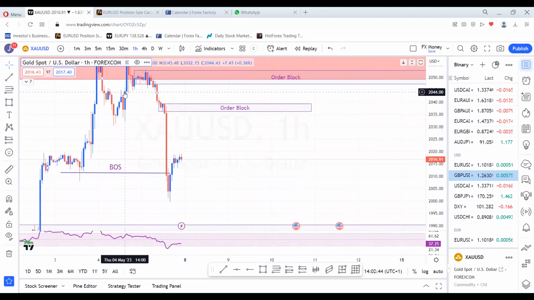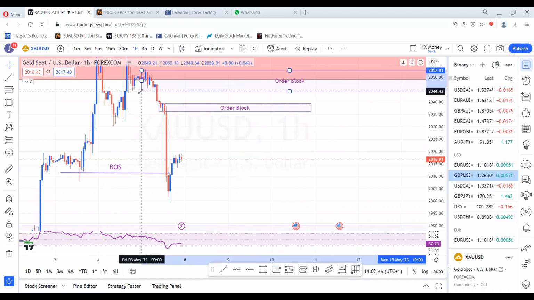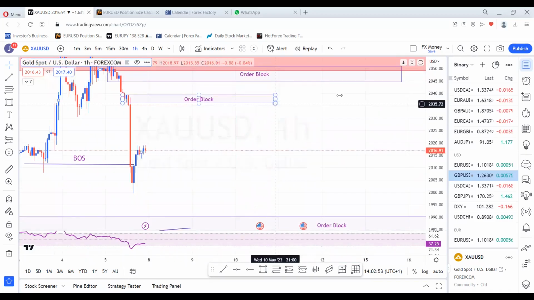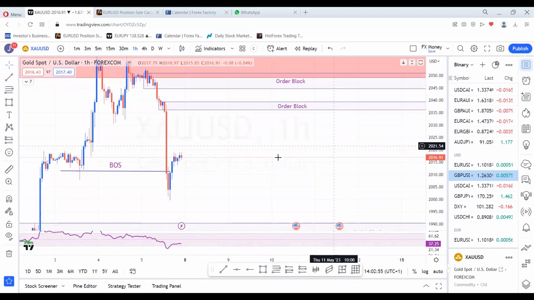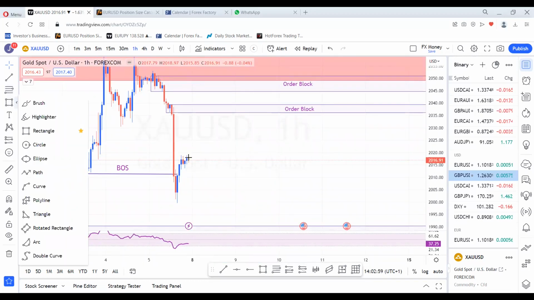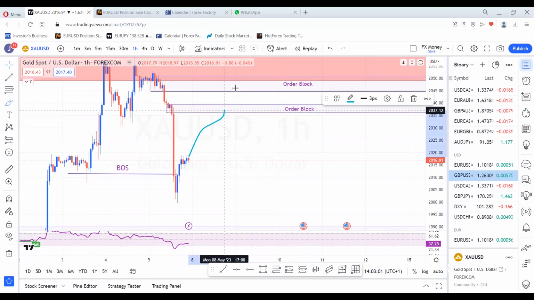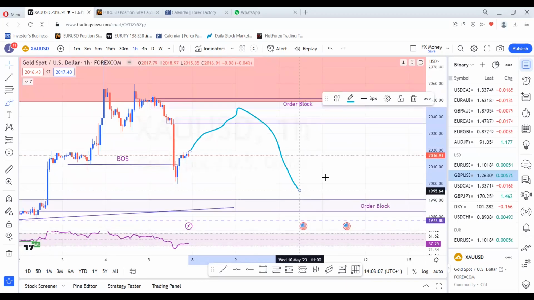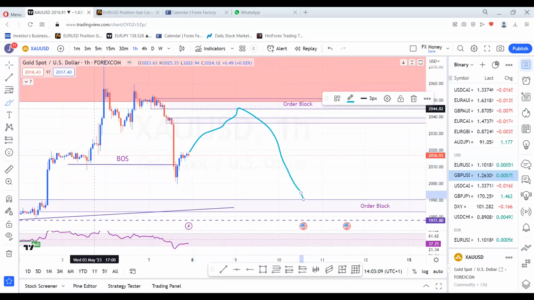So we have two active places we can look forward to. So what we are expecting here is a little push to either here or here, and coming right back down.